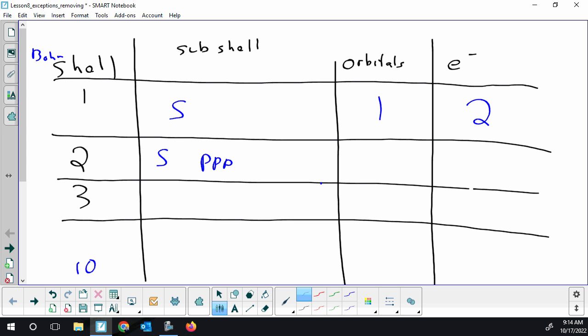Those 3 p's are coming from the -1, 0, +1, that's ml. So how many total orbitals do we have in the second energy level? We've got 1 s and 3 p's, so there's 4 in total. So there's 2 types of subshells, 4 orbitals, and every orbital holds 2 electrons.